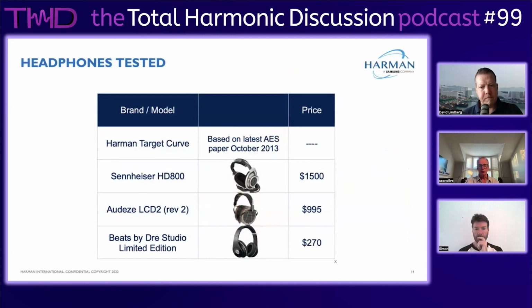I think it's still very, very good today. There's nothing really too bad about it. And then at the time, the LCD2 was getting a lot of press, and we bought one, and it was doing fairly well in our tests as well. And then the ubiquitous Beats by Dre headphone, which marketing was convinced had something golden about the sound, and we should just be replicating it.